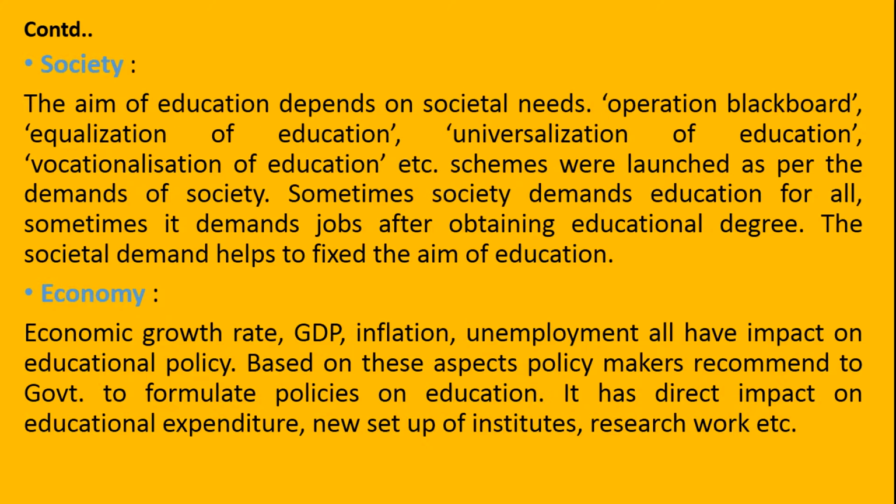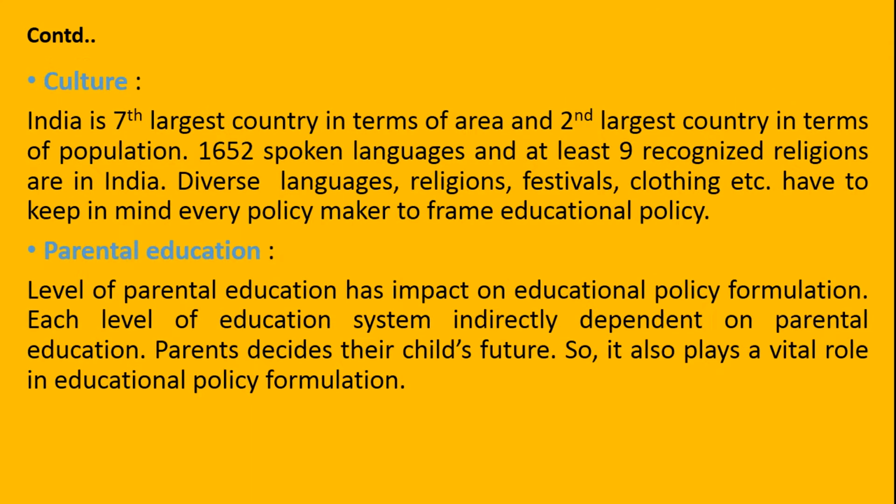It means government reduced educational expenditure. So all these are interrelated. Economy has great impact on educational expenditure for the setup of new institutions, for the research work, etc. All aspects of education. Okay.